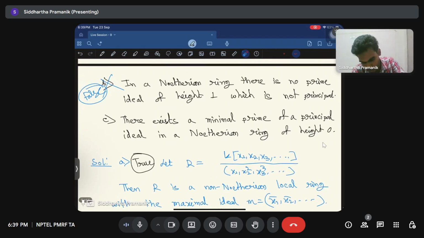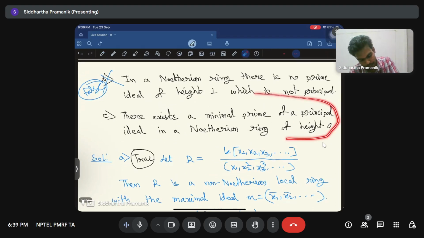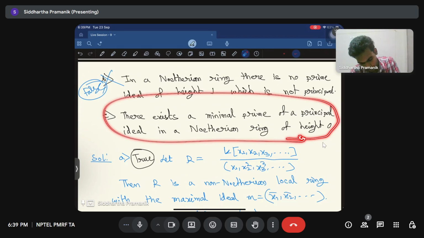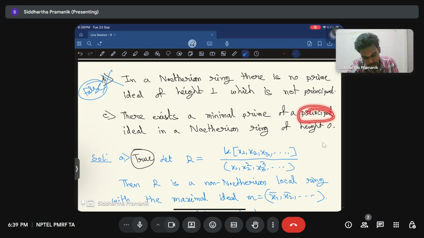So now let's see the third one. There exists a minimal prime of a principal ideal in a Noetherian ring of height 0. So we need to find a principal ideal in a Noetherian ring which has a minimal prime of height 0.